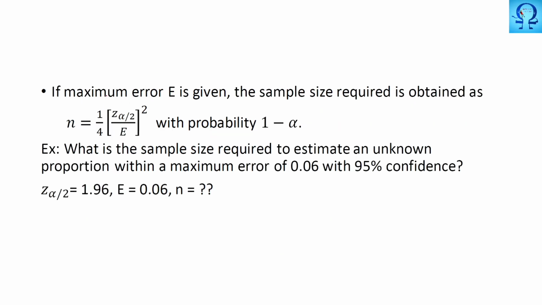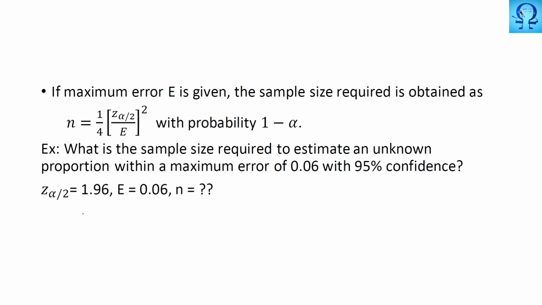Okay, and if the maximum error is given and we are asked to find the sample size required, it can be estimated through this. Here the question is, what is the sample size required to estimate an unknown proportion with the maximum error, right?